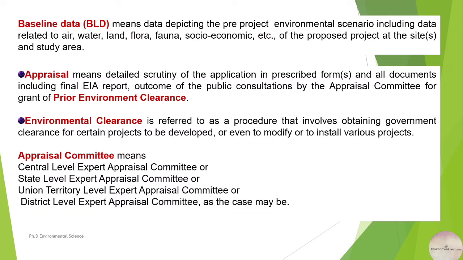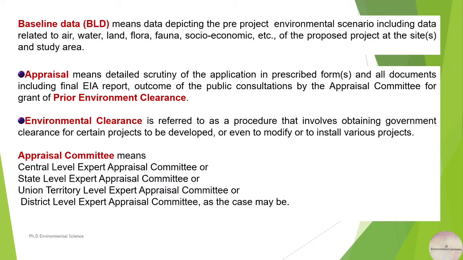Second is appraisal. Now, this is the careful review of the application for a project. It involves checking all the required forms, the final environmental impact assessment report, and results of the public consultations. Now, this review is done by an appraisal committee to decide if the project can get the necessary environmental clearance or not.